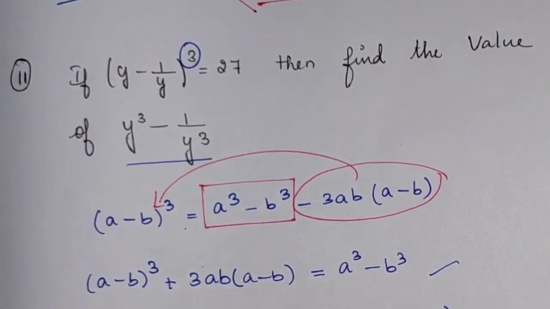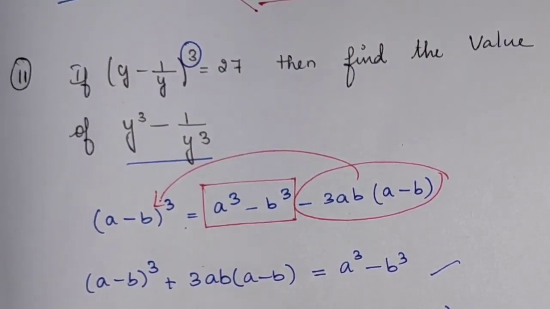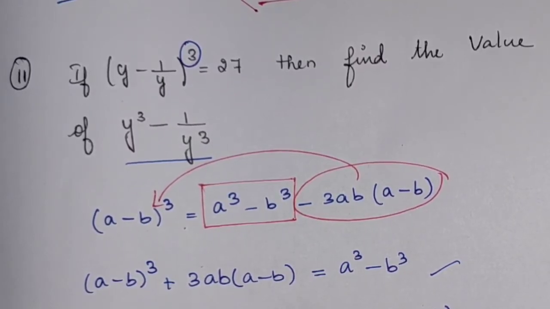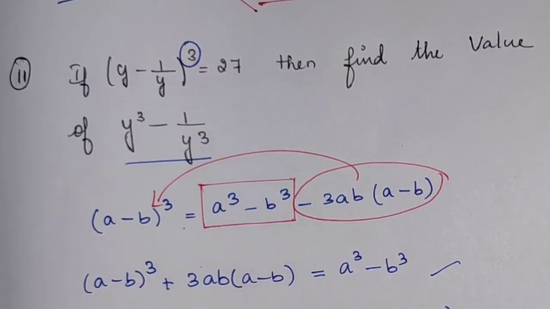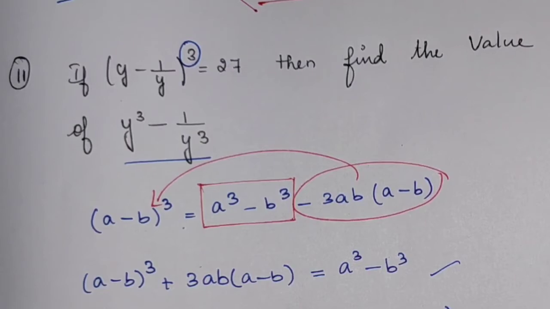So y minus 1 by y the whole cube is equal to y minus 1 by y plus 3 into y, b value is 1 by y, and just replace, rewriting this by using a is equal to y and b is equal to 1 by y, into y minus 1 by y.